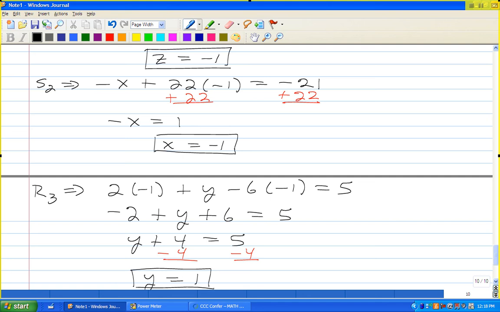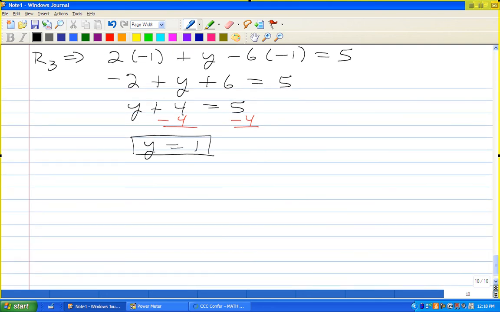Okay. Let's do problem number 7. 3x plus y plus z equals negative 2.